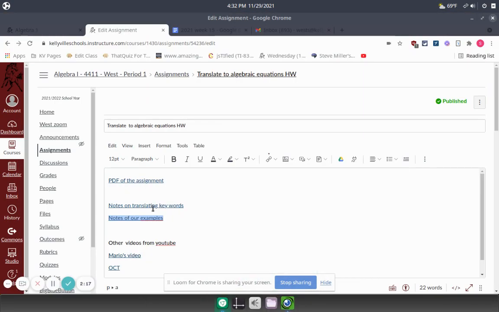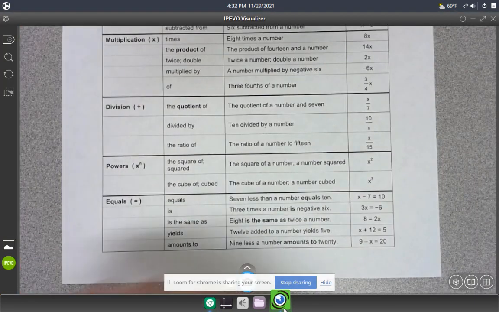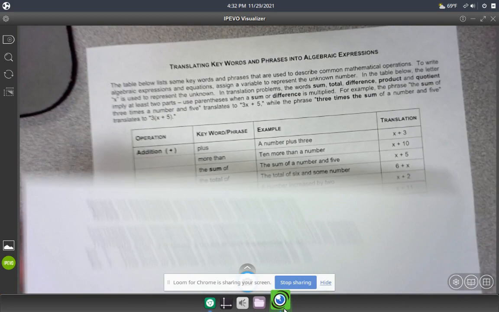All these keywords you'll find in these notes, our examples and notes on translating keywords. You might have to click those 2 PDFs and check them out. Okay, now for our actual examples.